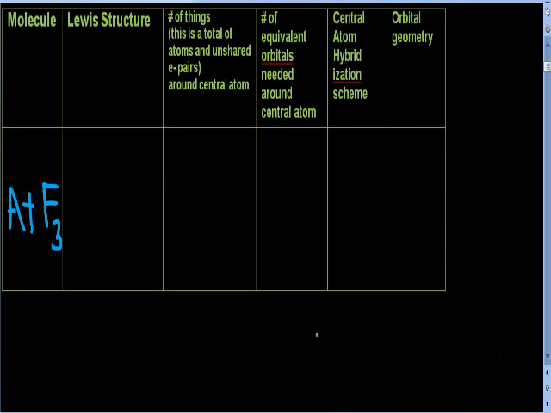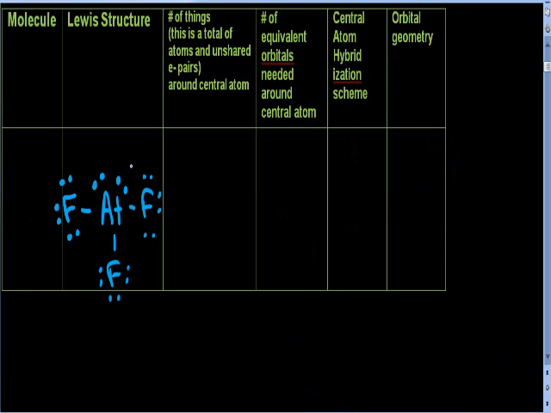Let's do one more example, the molecule astatine trifluoride. Here's our Lewis structure for astatine trifluoride.